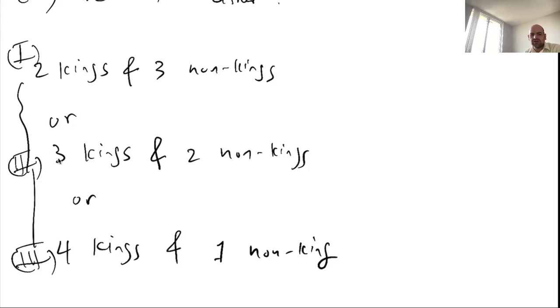So the intersection of any 2 of them is empty. If this is the case, they are pairwise disjoint, and in that case the number of elements in the union of 1, 2, and 3 is the addition of the number of elements in 1, 2, and 3.